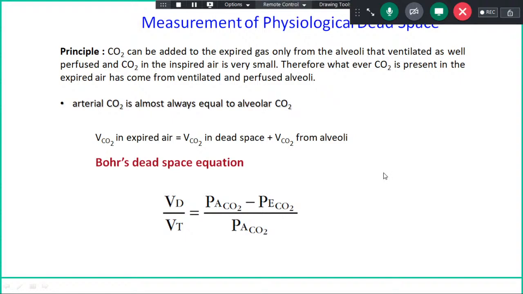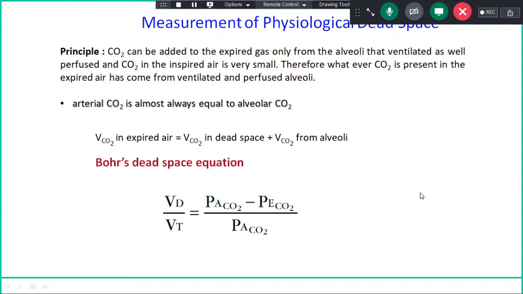The conducting airways do not have any carbon dioxide because they are not taking part in gaseous exchange. Another thing you need to remember is that the arterial carbon dioxide is always equal to alveolar CO2 in health.